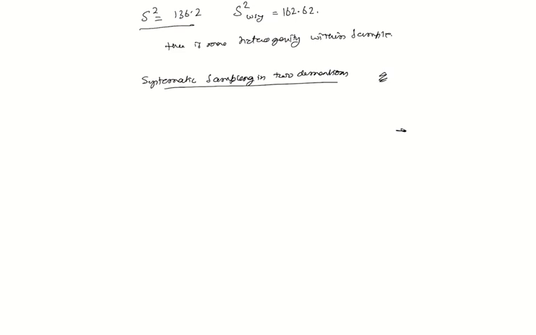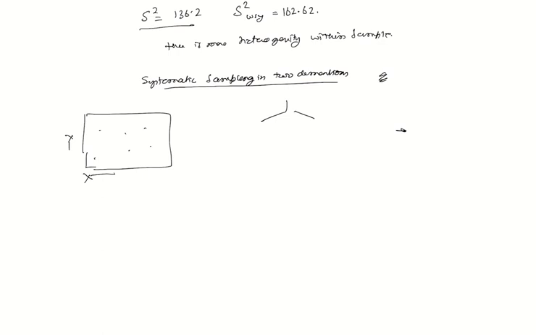This is sometimes needed because, for example, we have a map, and in this map we need to select a random sample of locations, right? So there is an x-axis here and a y-axis here, and we need a systematic sample of locations. There are two ways to do this.